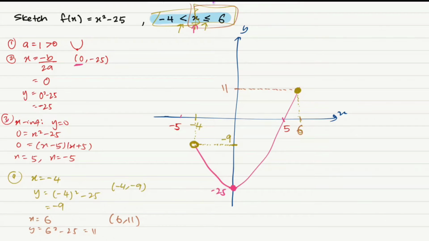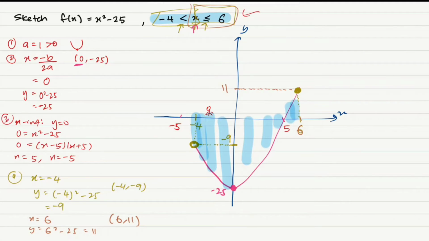So what's the domain? The domain, you can simply look at the question. It's given to you. In other ways, you can also imagine that you're standing on the x-axis and using your Superman rays, the smallest value that you see is -4 until 6.